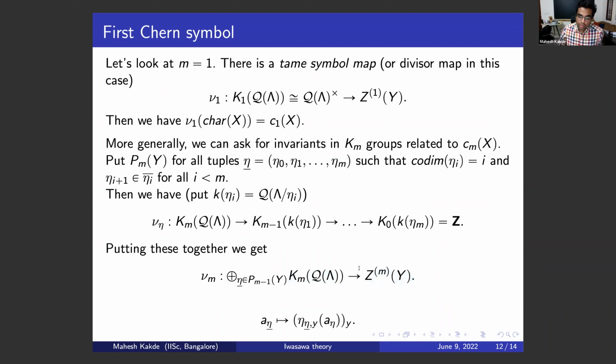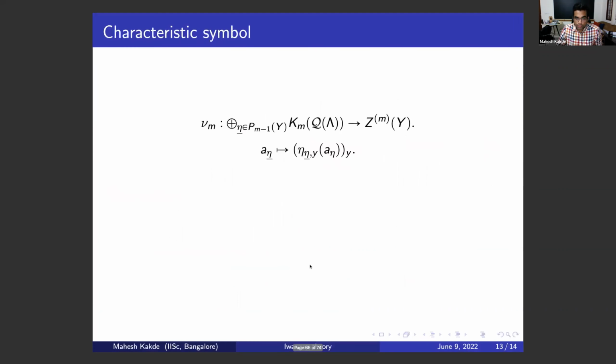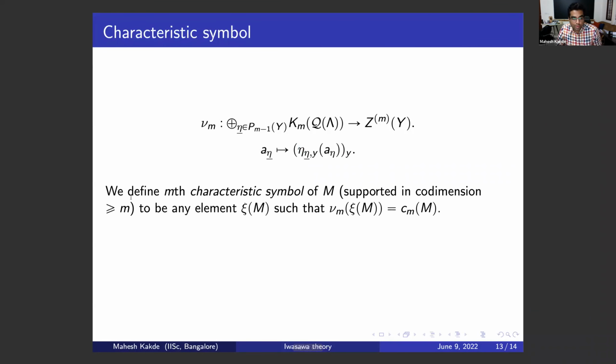Now this is the group where the Chern symbol lives, and you can ask, is there a nice pre-image to this? So what does nice mean? Well, something that you can describe, hopefully in terms of some analytic invariants. Is there a nice lift to this? So that's what we define. This is just repeating what, along with the typos, of course, from the previous page.